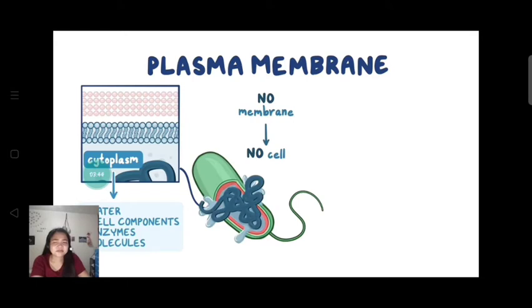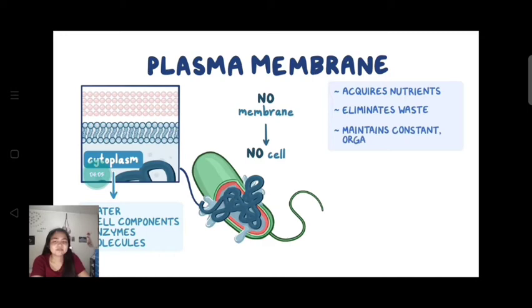The plasma membrane is responsible for most of the cell's relationship with the outside world, by acquiring nutrients and eliminating waste, and also maintaining the interior of the bacteria in a constant, highly regulated state. Usually, all plasma membranes are selectively permeable barriers which allow certain ions and molecules to pass in and out of the cell, while preventing the movement of others.